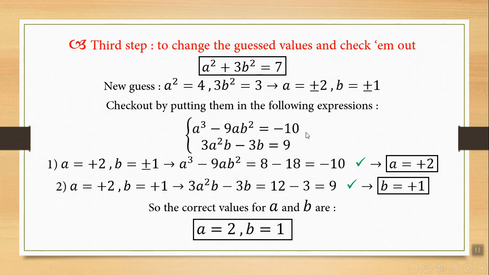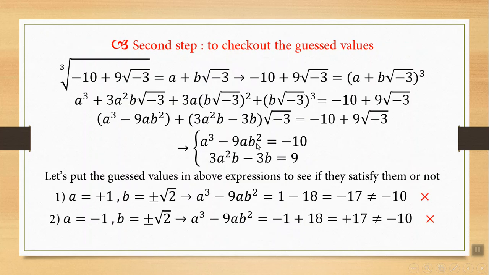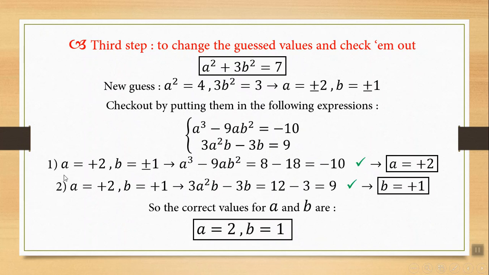These are equal to these expressions. Okay. First we examine a equals positive 2. As you can see, a cubed minus 9ab squared equals negative 10. So a equals positive 2 is a correct guess.